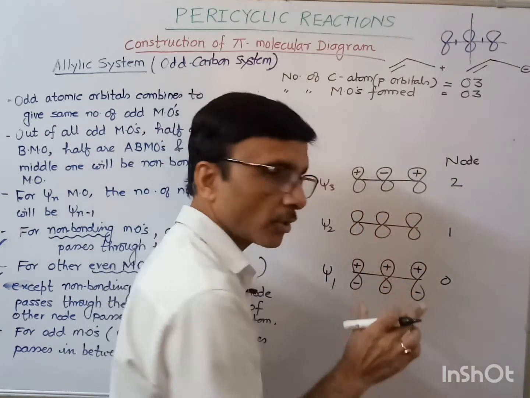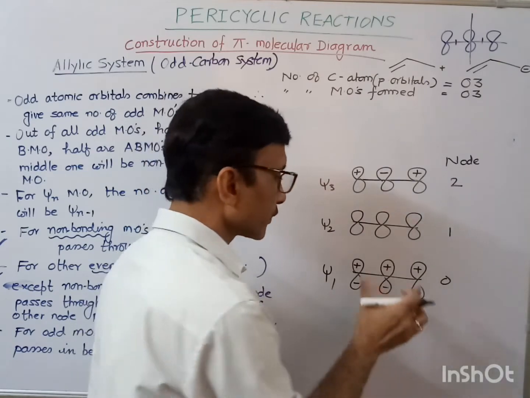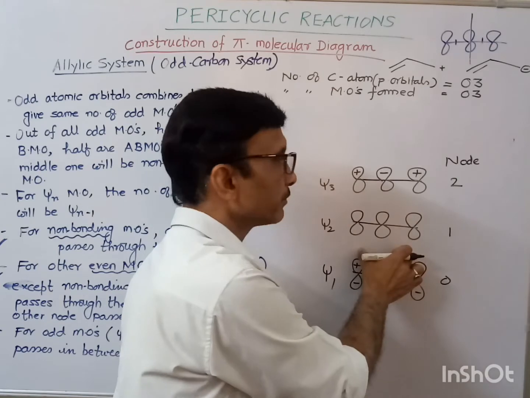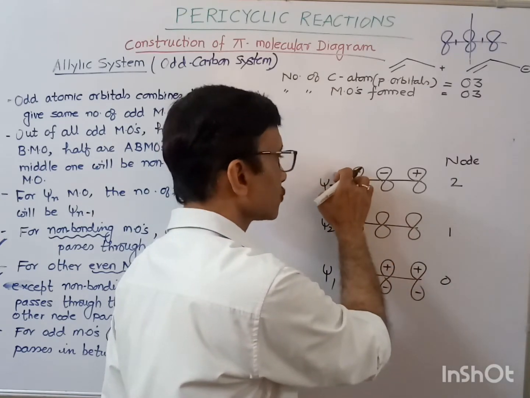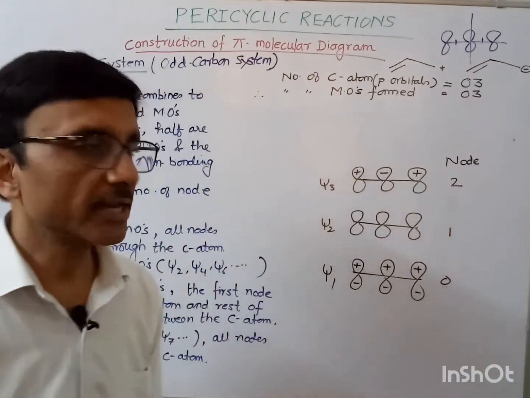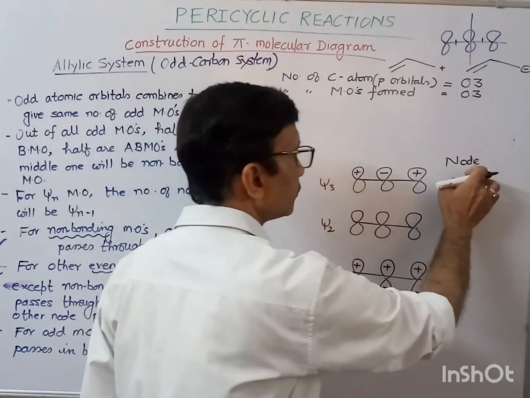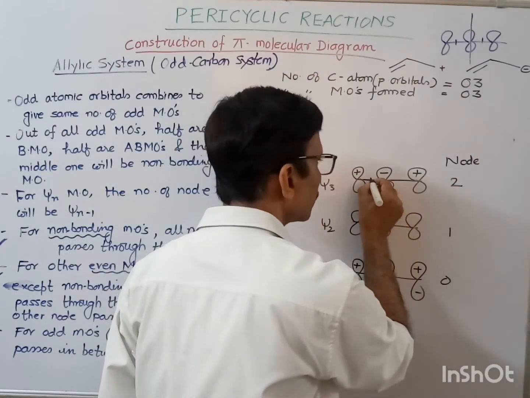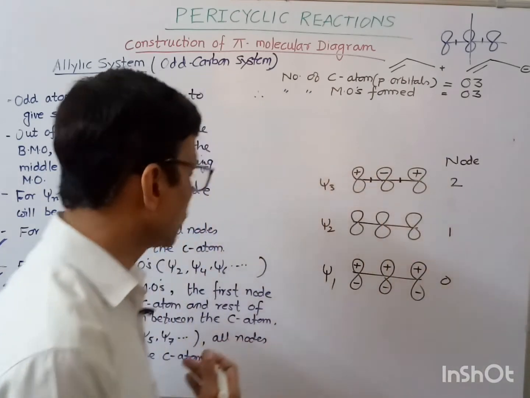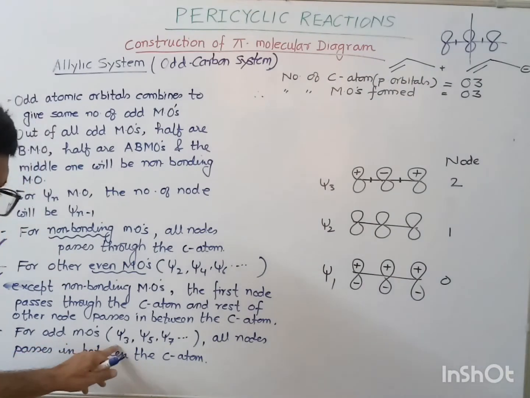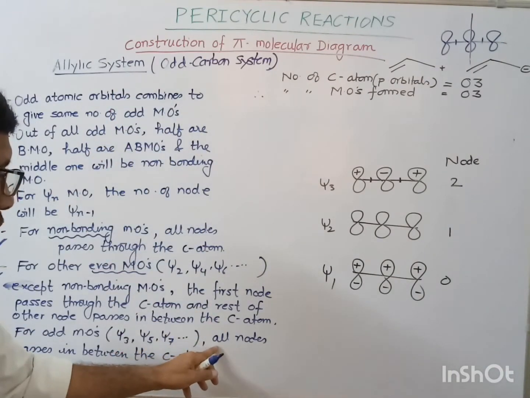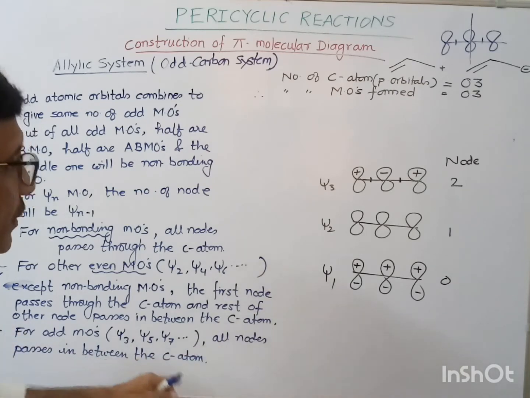In an odd molecular orbital, what I told you is the rule: the end orbital has the same sign, plus plus. This is also an odd molecular orbital, and the end orbitals have the same sign, plus plus. So the number of nodes should be 2 here. You can see this is one node, and this is the other node. What I told you is that for odd molecular orbitals in an allylic system, all nodes pass in between the carbon atoms.